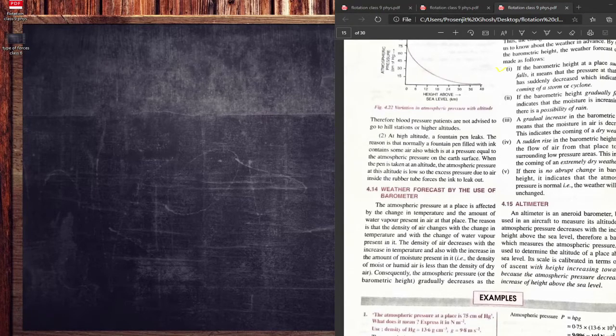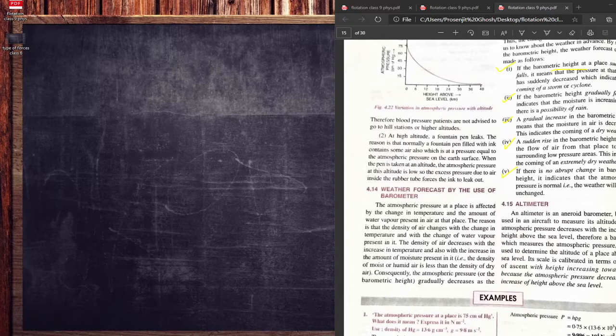But how can we apply all these characteristics to determine the weather forecast? These are the ideas given over here. Due to those changes of pressure, we can observe with the barometer: if there is a sudden fall of the barometer level, then we can assume a cyclone or a big storm is coming.